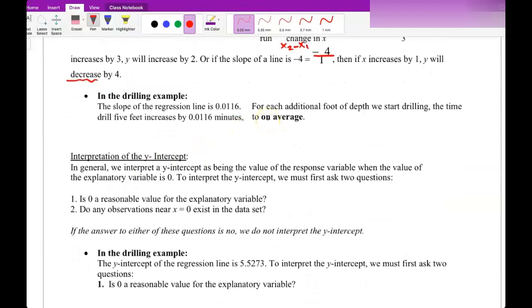For each additional foot of depth we start drilling, the drilling time increases by the slope, that is 0.0116 over 1. So it increases by 0.0116 minutes on average.